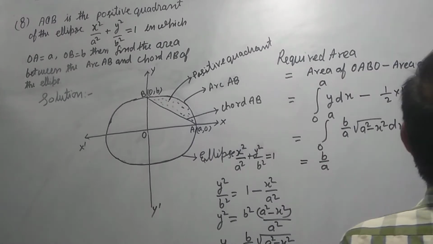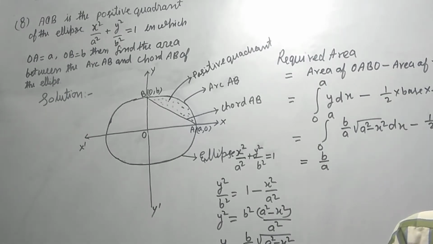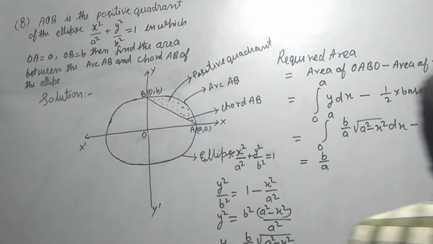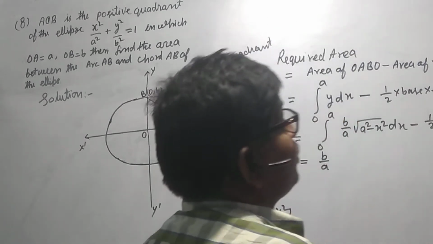We use the formula: integration of under root a square minus x square dx equals x by 2 under root a square minus x square plus a square by 2 sin inverse x by a.